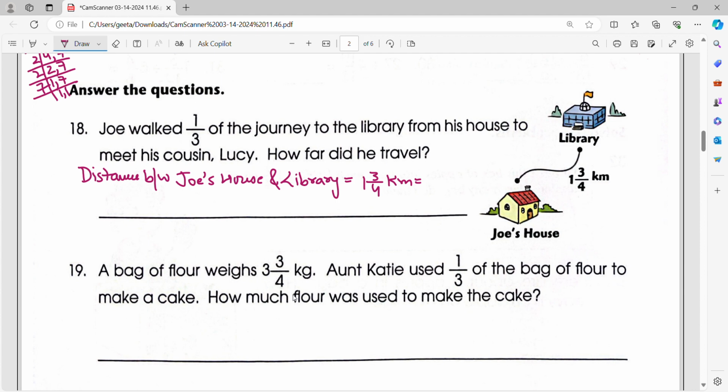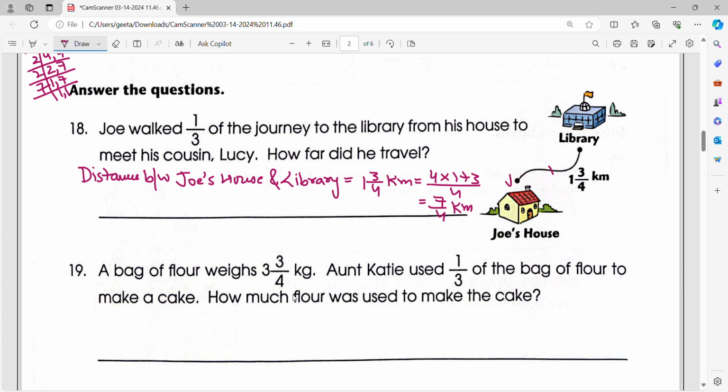What it would be? 4 into 1 plus 3. Very good. It's 7 over 4. But Joe has walked only 1/3.